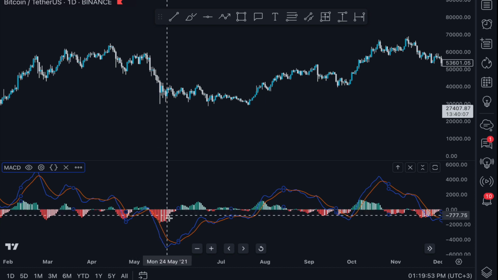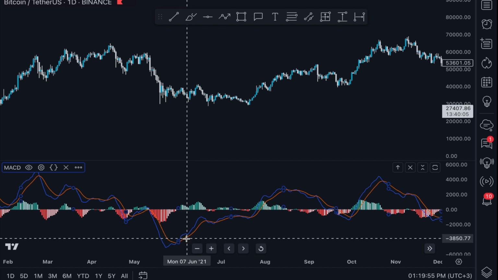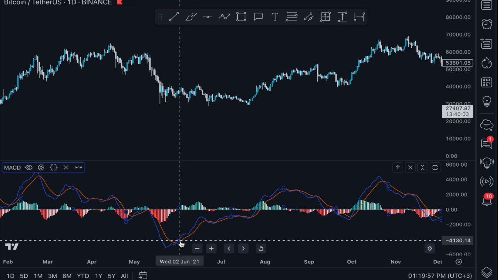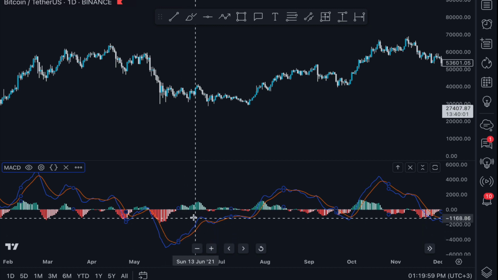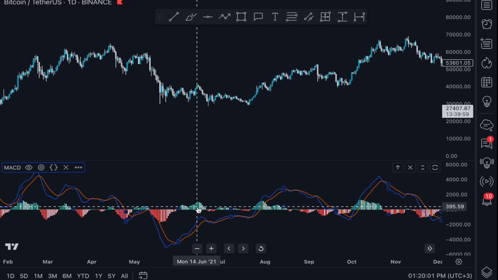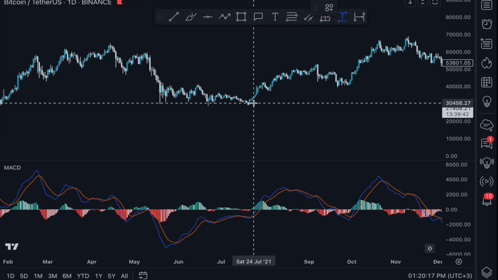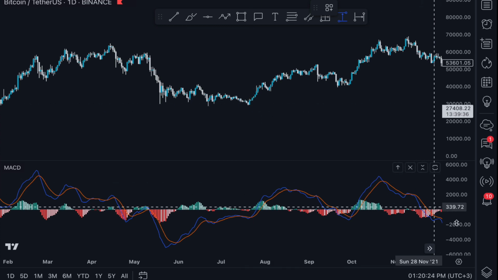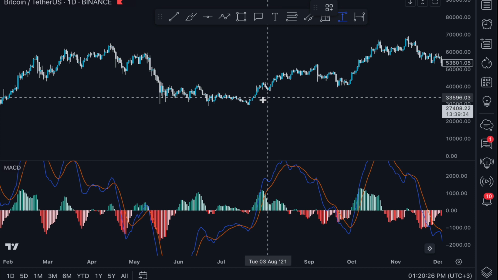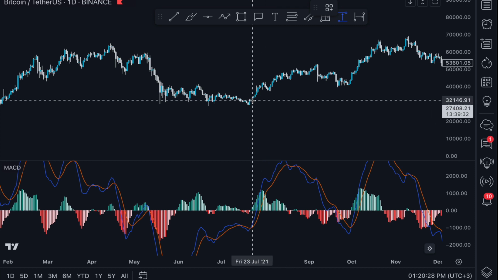At the same time, when the blue line crosses the signal line and is over it, we can see green bars on the histogram. If you see green bars on the histogram, that means the asset is growing. If you see huge bars on the histogram, that means the growth or the drop is really strong.